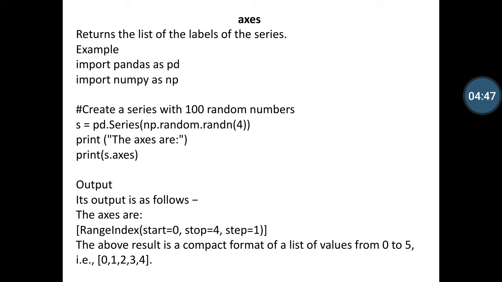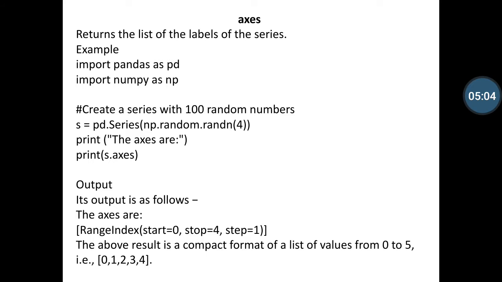The first attribute we use in pandas is axes. It returns the list of the labels of the series. I am giving an example.